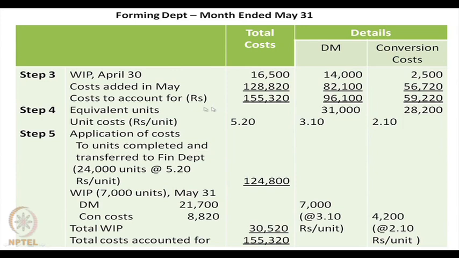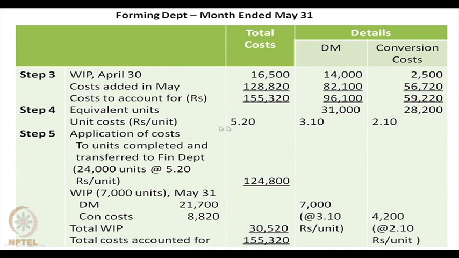Now, already we have found out the equivalent units. For direct material, all the items have received the direct material, but for conversion cost, the equivalent number of units is 28,200.